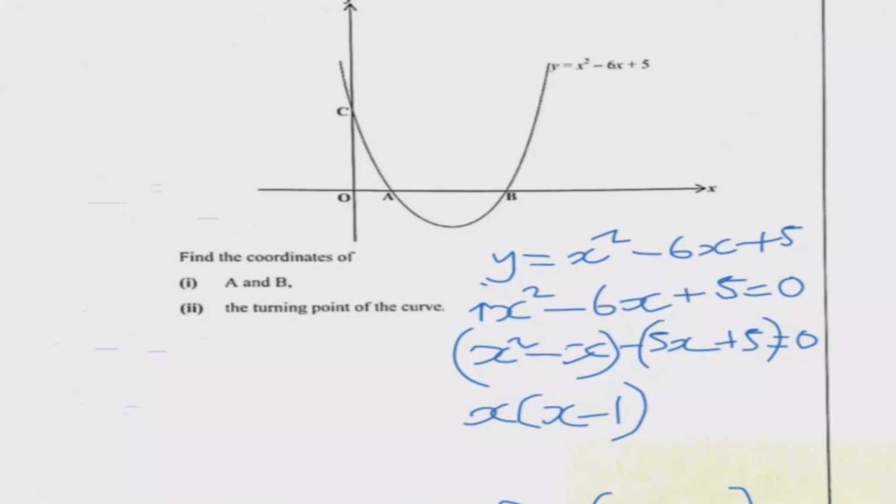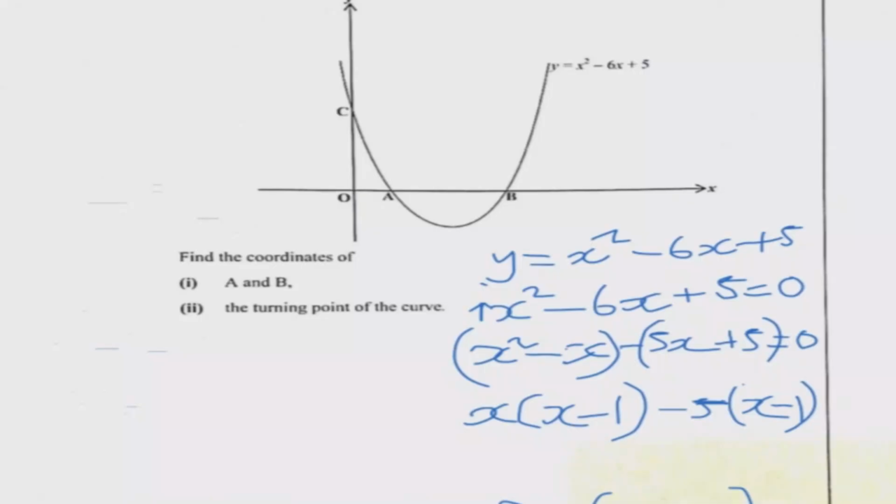Then what is common among these is 5. We're going to use negative 5. So negative 5 into negative 5x will give us x. Then negative 5 into positive 5 will give us negative 1, like that.